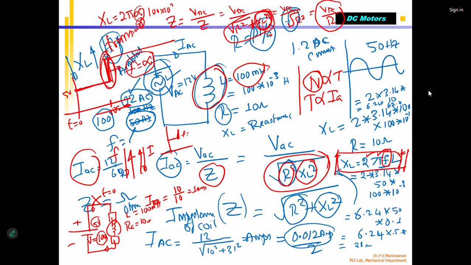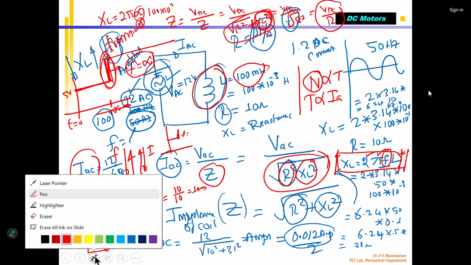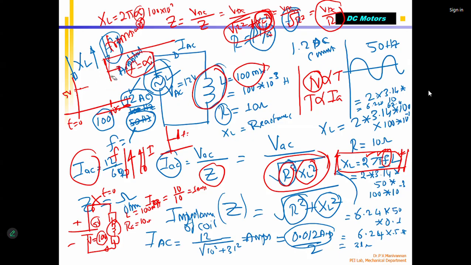But if the supply voltage of the DC motor is not changing frequently, if it is changing very slowly, then you will consider only this formula: as I told you, VDC divided by RA alone. XL you will not compute.